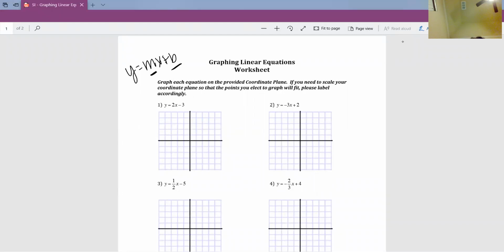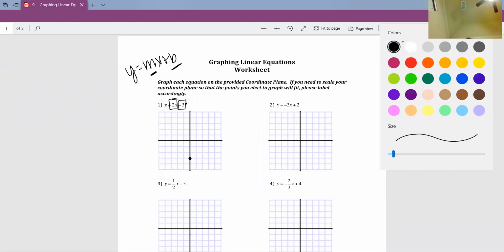So first of all, I'm going to graph my y-intercept, which is -3. So 1, 2, 3. Now for my slope, which is 2, the 2x, I'm going to do rise over run.